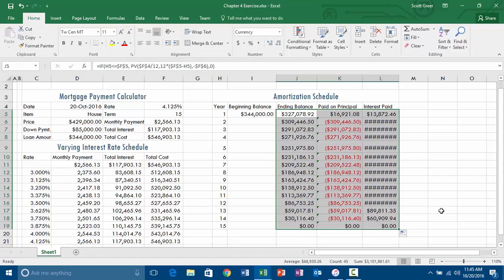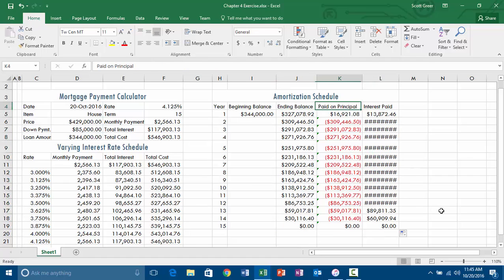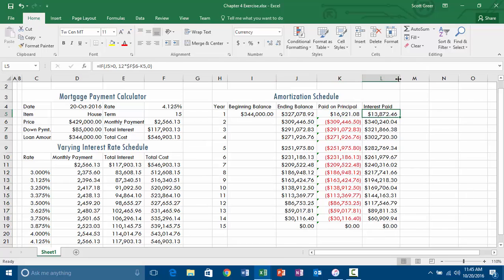You didn't do the interest paid. It all has zeros in it. Everything else has numbers in it. Mine all has zeros. I just followed the same formula that was in the book, and it gave me that, but when I dragged all three down, it didn't fill that row in for some reason.